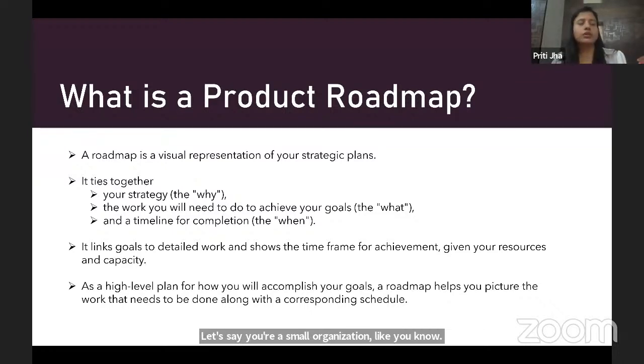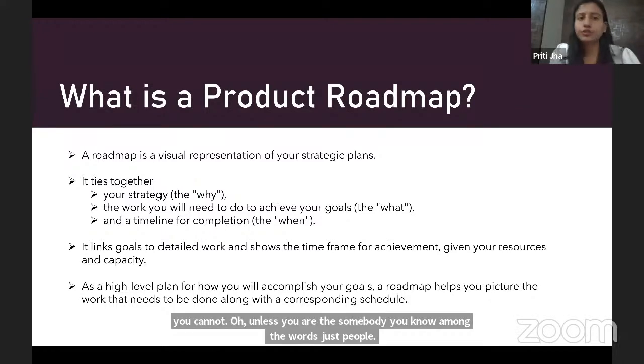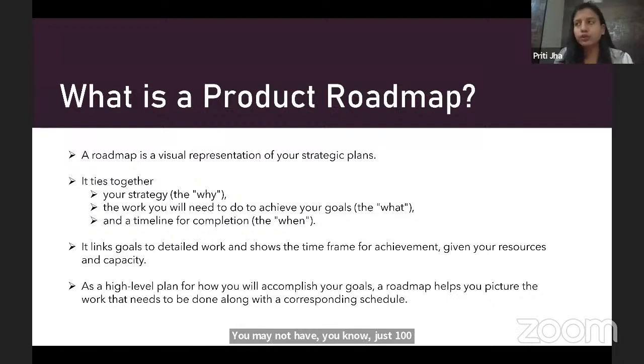Unless you are among the world's richest people, you may not have just 100 crores to push into your business. Or if you're a bootstrap organization, you may not have 1,000 people just coming and all of a sudden working on your product.